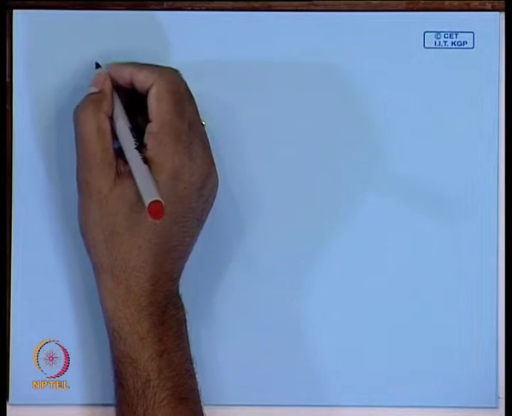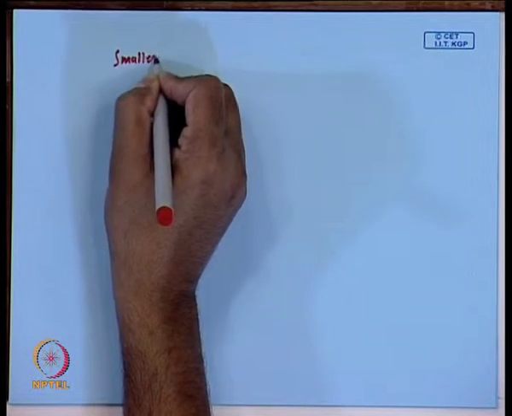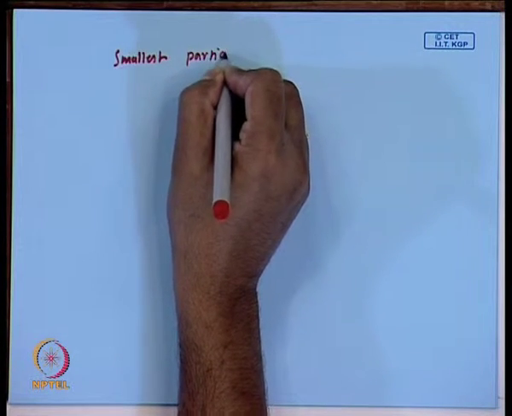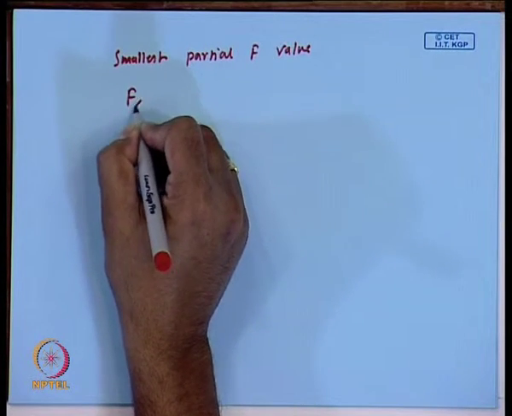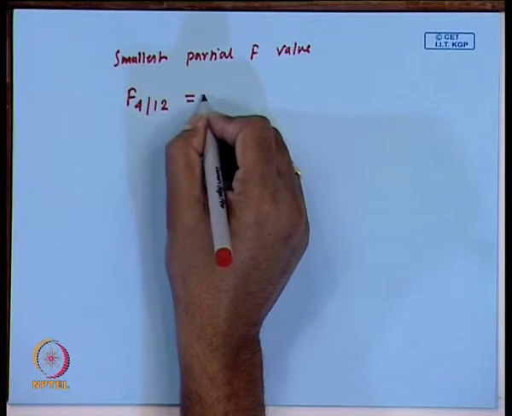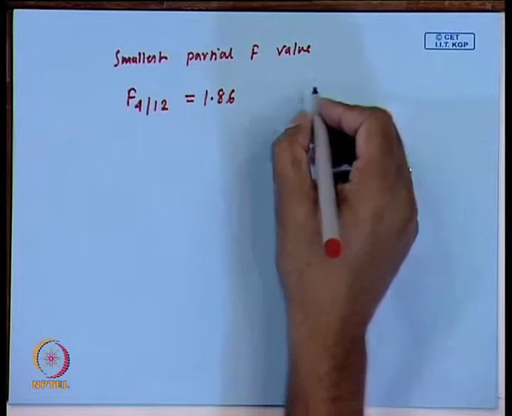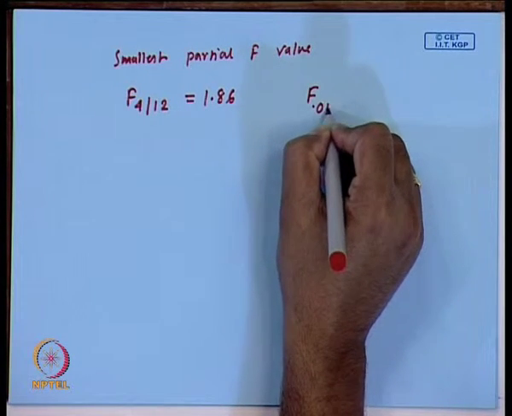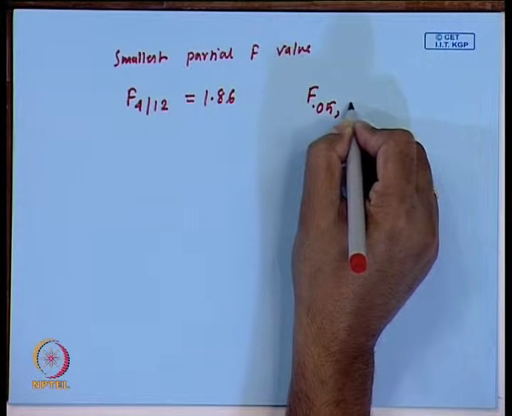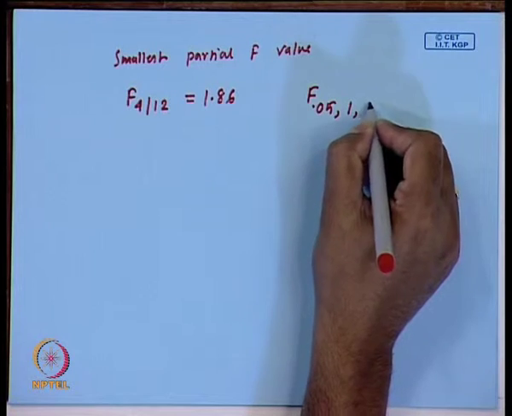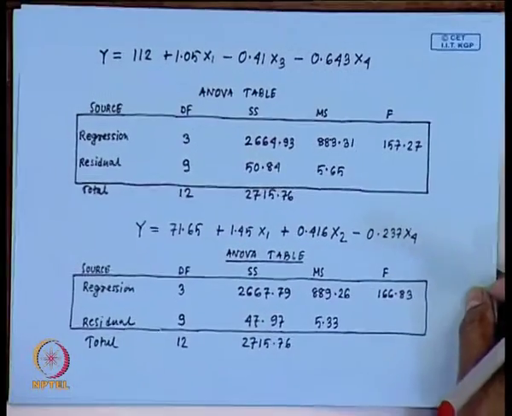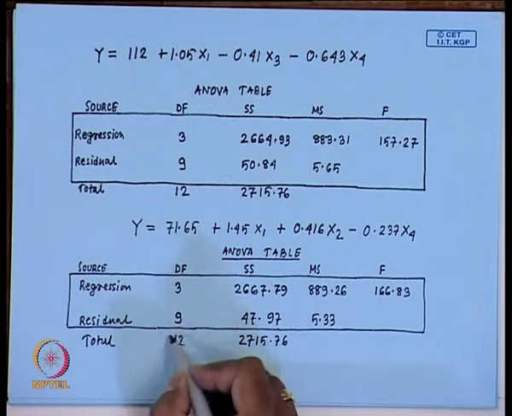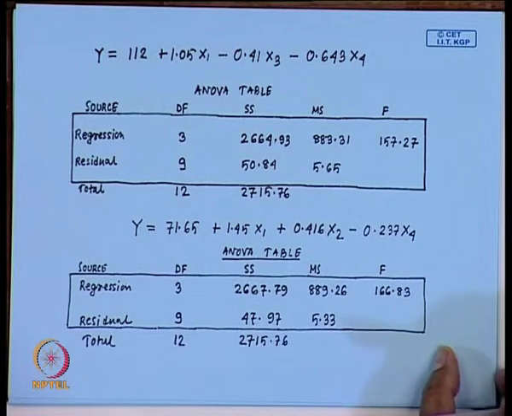So, let me write down the smallest partial F value, F 4 given 1 2 is equal to 1.86 and the tabulated value is f 0.05 with degree of freedom 1, and here now the error degree of freedom is not 8, it is 9, because this is our full model at this moment and the residual degree of freedom is 9.